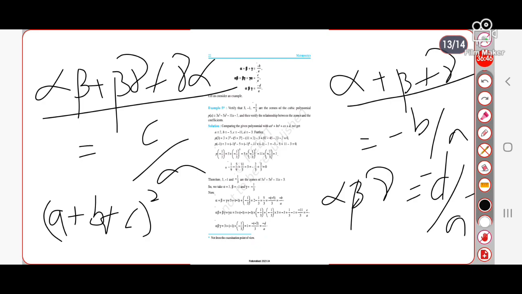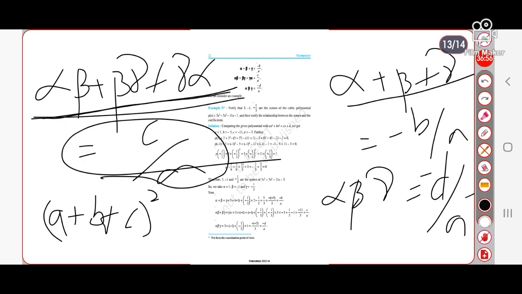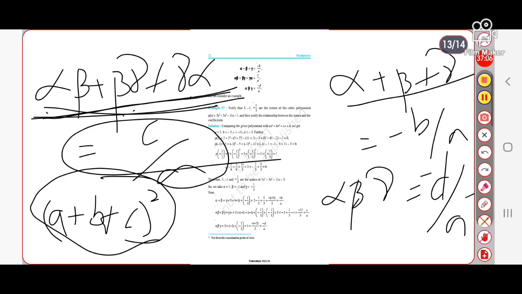Again taking 2 common out, we get ab, bc, ca. So what will be the answer for ab, bc, ca? It's nothing but c by a. So for that purpose they are giving this one. When we square out, we need that value to be analyzed. So alpha beta plus beta gamma plus gamma alpha will be c by a. So for that purpose this one is also introduced inside.